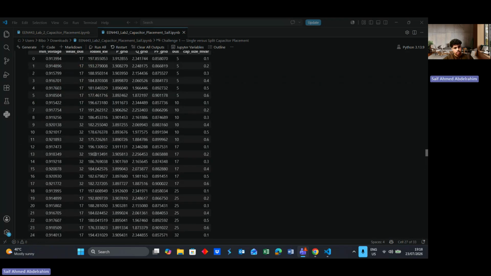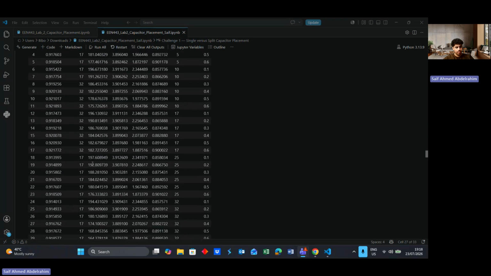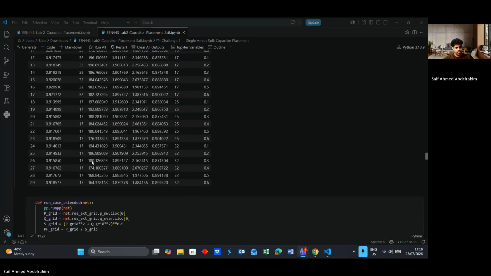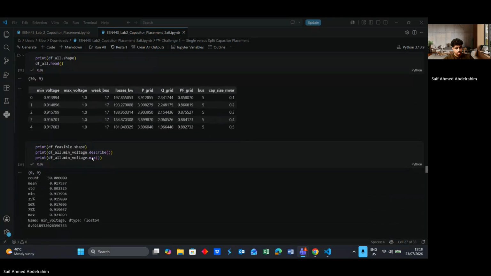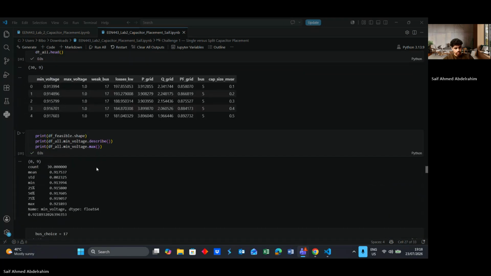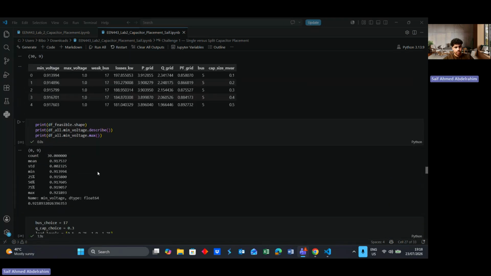Then I performed an automated combined search using 6 capacitor sizes and 5 locations, giving a total of 30 configurations. None of the 30 configurations satisfies the minimum voltage requirement of 0.95 per unit.